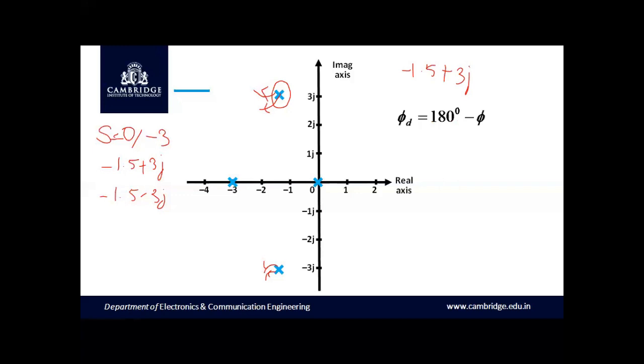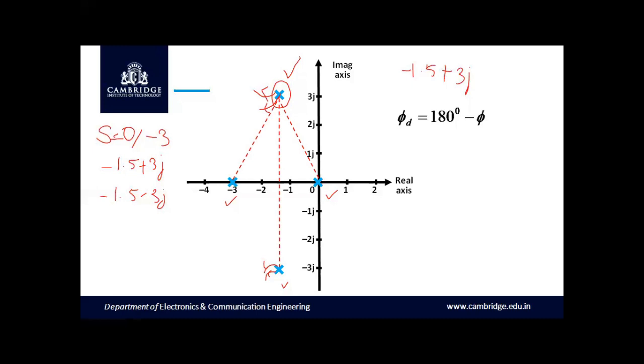We have the rest of the 3 poles, one at minus 3, one at 0, and the other at minus 1.5 minus 3j. Now we join all the remaining poles to the complex pole under consideration. Let us join them with dotted lines. This is the first step.